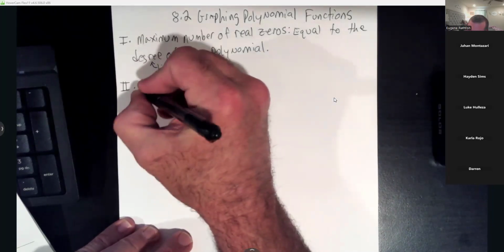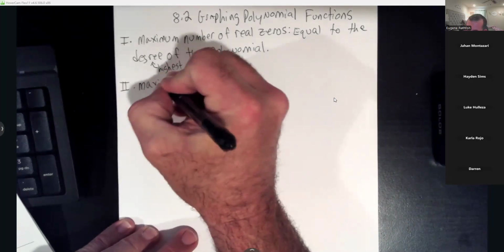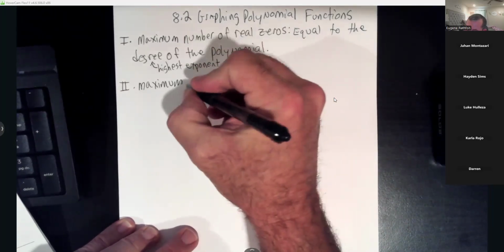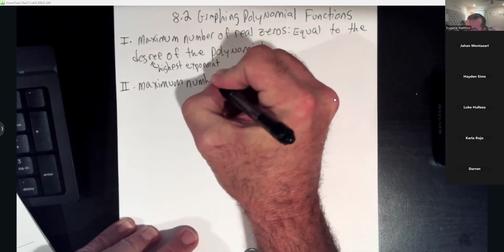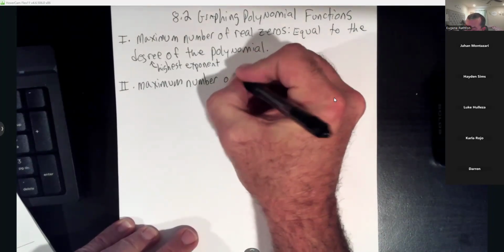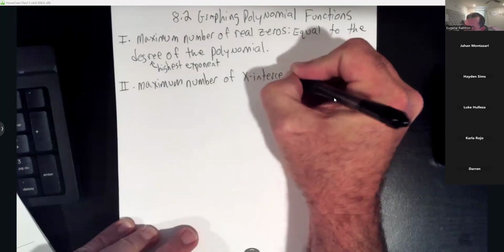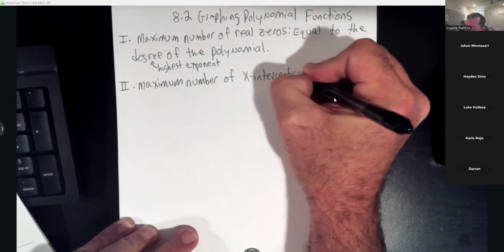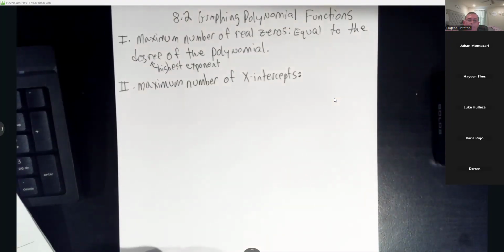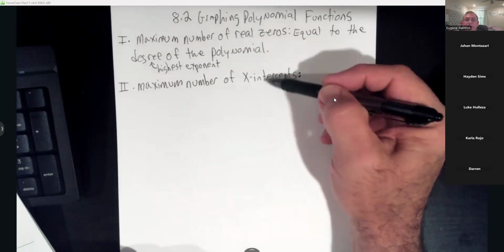So then we're going to look at the maximum number of x-intercepts. Y'all, back in 4.8, when y'all had the graphs of the parabolas and it had the 2 points on it, it asked you for the x-intercepts, and then it asked you for the zeros or the solutions. So these are the same.